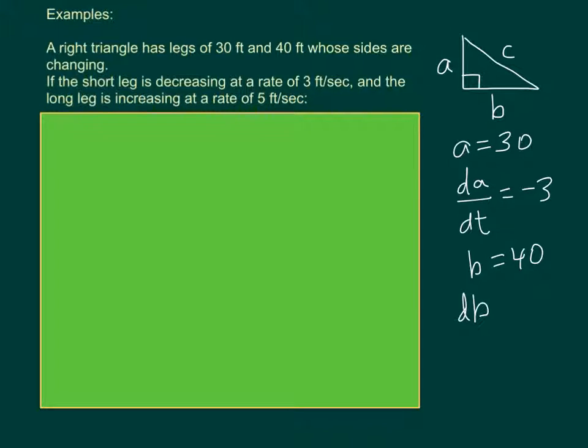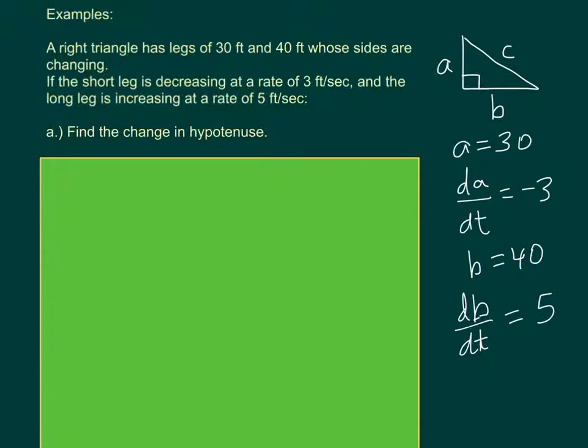So the change in B with respect to time is going to be a positive rate of 5 feet per second. So we've got our figure, we drew our sketch, we've got all of our data labeled here that we know. Now let's come up with an equation.